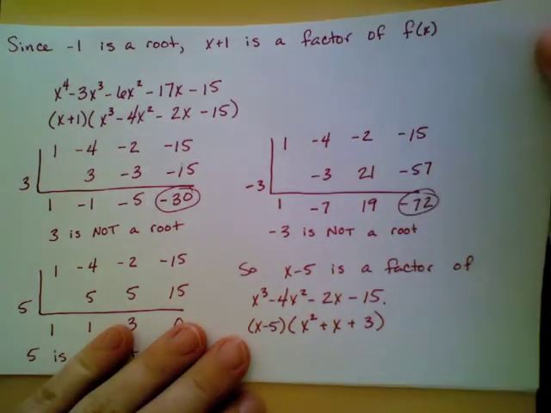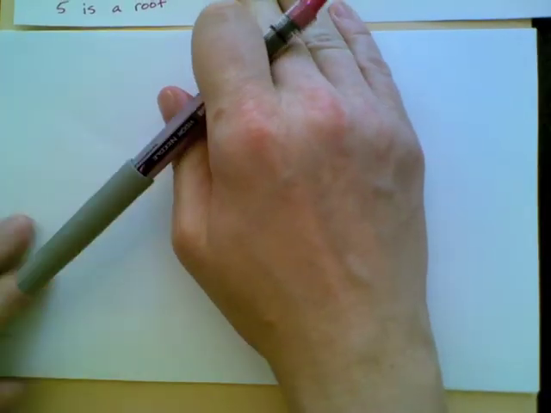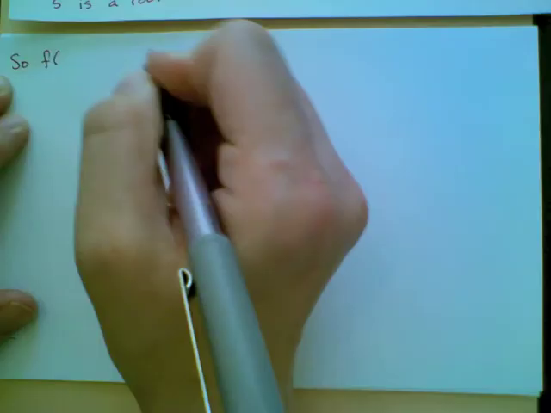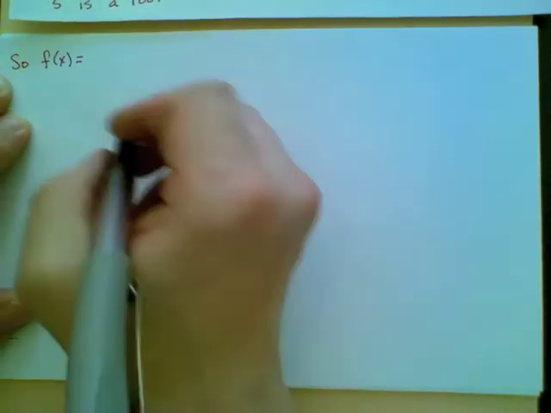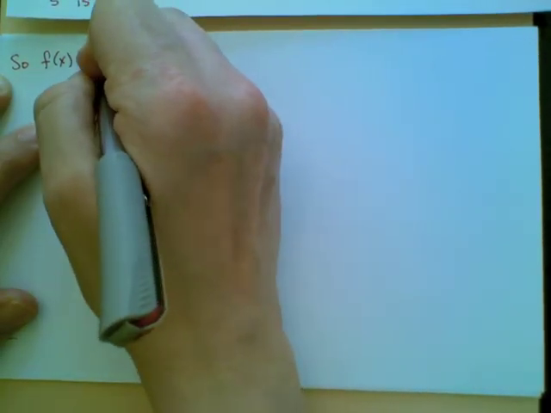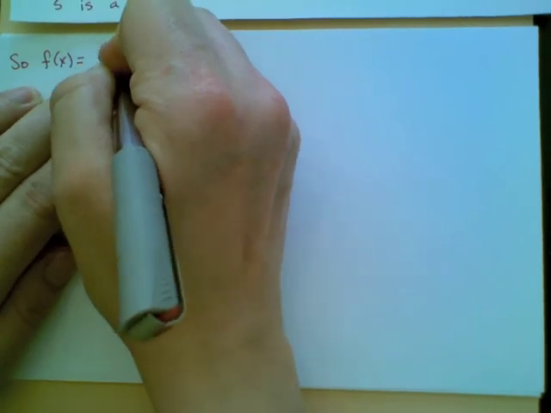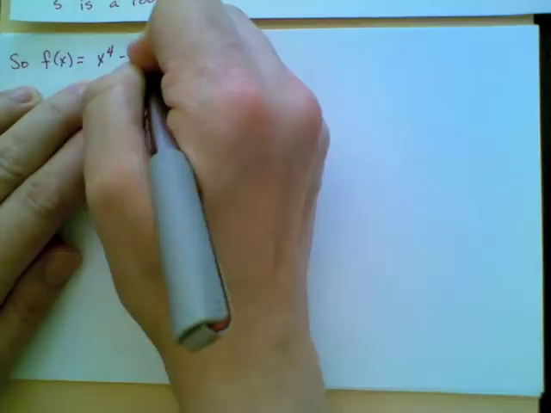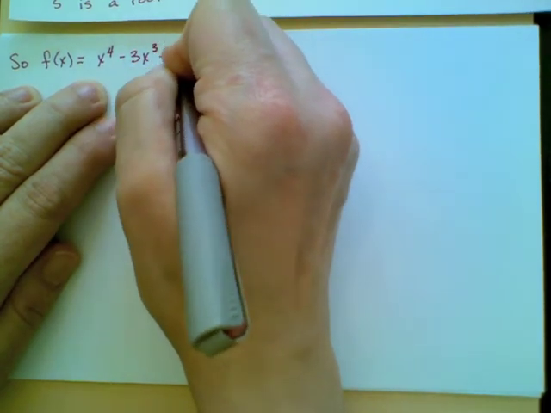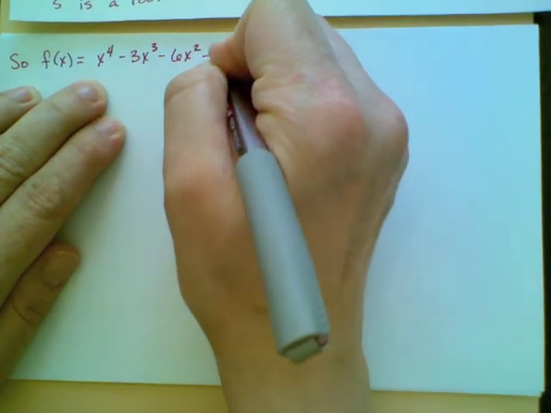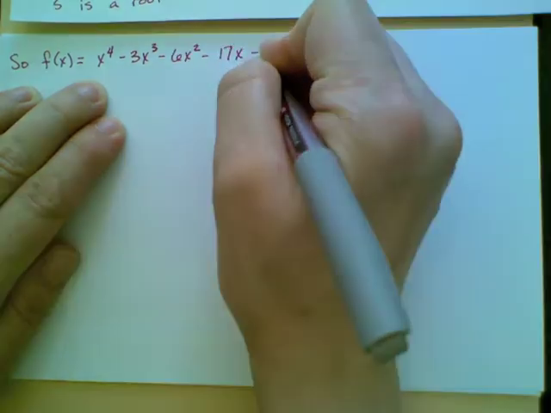Let's start a new page. And so f of x is equal to, our original f of x was x to the 4th minus 3x cubed minus 6x squared minus 17x minus 15.